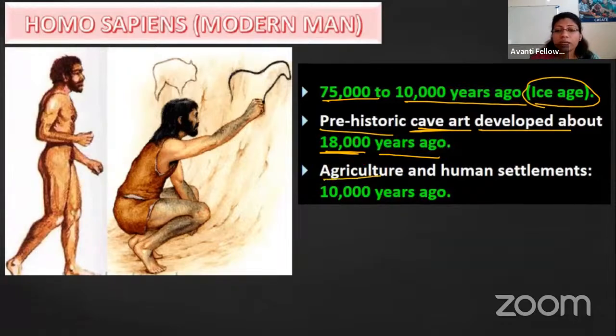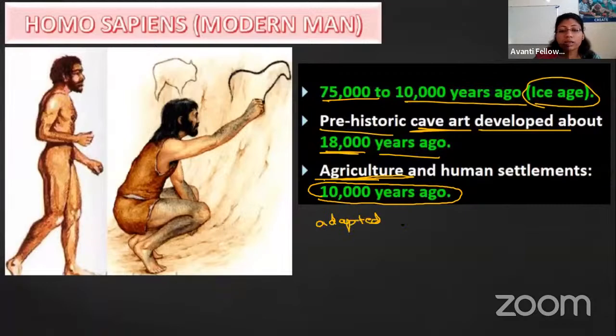We developed agricultural techniques and settled in a particular region according to our comforts. Agricultural techniques started 10,000 years ago, and slowly we adapted as we started roaming and settling at particular places. We also started adapting to the cold environment.